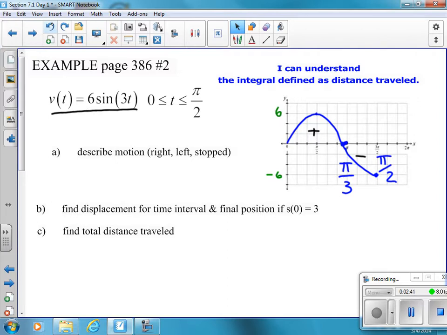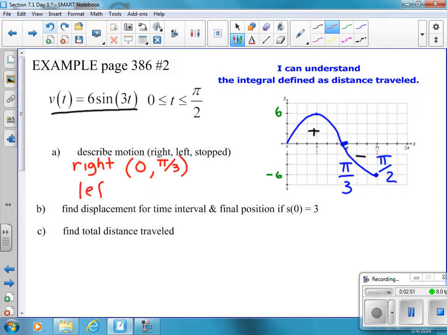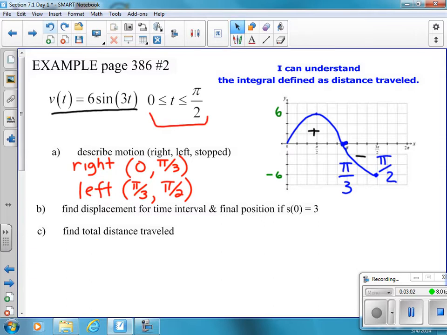So the motion is to the right, above the x-axis, from 0 to pi over 3, and then it's to the left from pi over 3 to pi over 2. Note that this is on a closed interval, so that makes a difference.